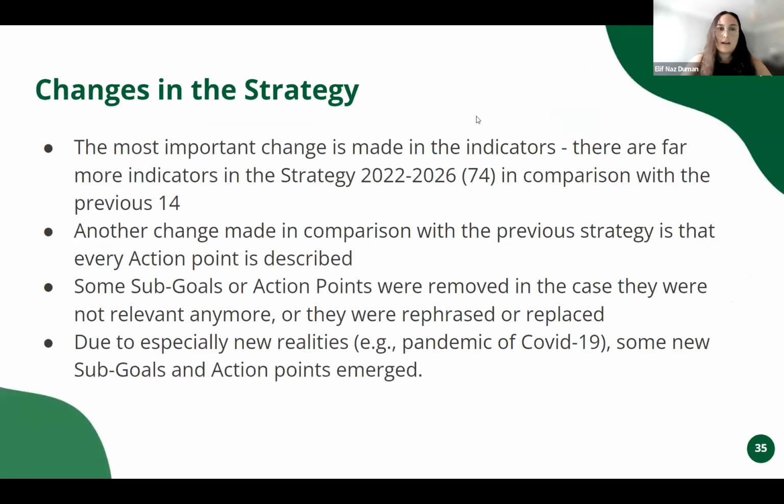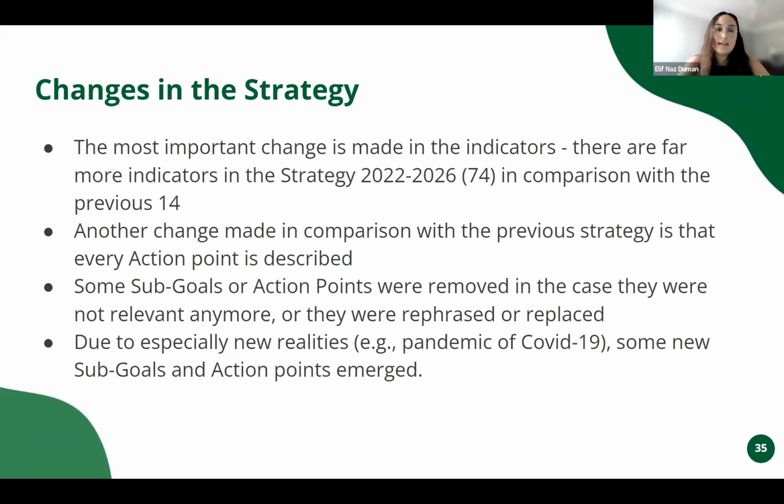The most important changes are about indicators. In the previous strategy they were very general, and there wasn't any guide to track them. Therefore, the strategy wasn't being followed as much. Another change was the action points, which give a clearer view on how to achieve the goals described.